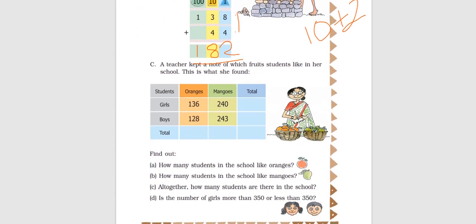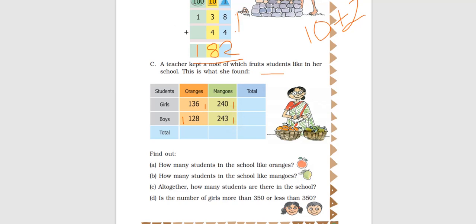Okay, now a teacher kept a note of which fruits students like in her school. This is what she found. 136 girls like oranges and 240 girls like mangoes. Boys, 128 boys like oranges and 243 boys like mangoes.